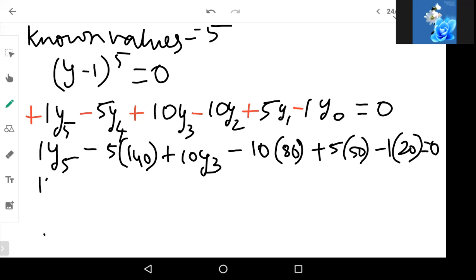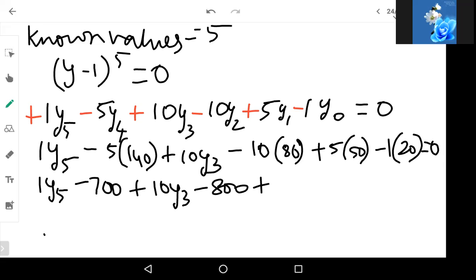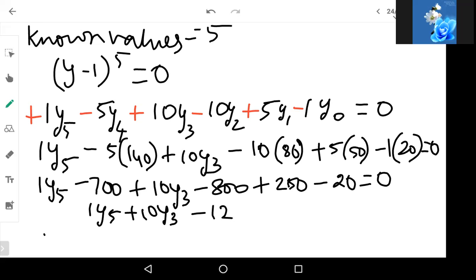Now 1 y5 minus 5 into 140 is 700, plus 10 y3, minus 10 into 80 is 800, plus 5 into 50 is 250, minus 1 into 20 is 20, is equal to 0. So 1 y5 plus 10 y3, if you add and subtract the numbers, you will get minus 1270 is equal to 0.